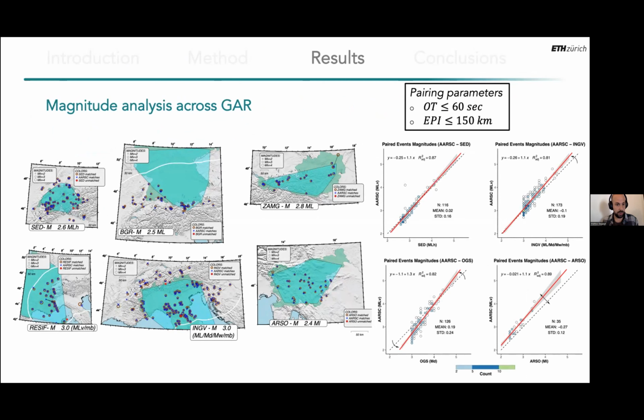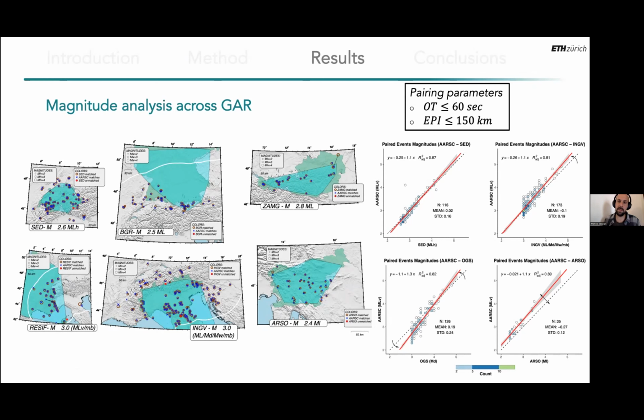Here, I'm just showing you what is happening if we pair 6 different national catalogs of the different national observatories with our final catalog. And we see that we can reach different, let's call it, pairing magnitude completeness, depending of course on which scale is used by the individual observatories.